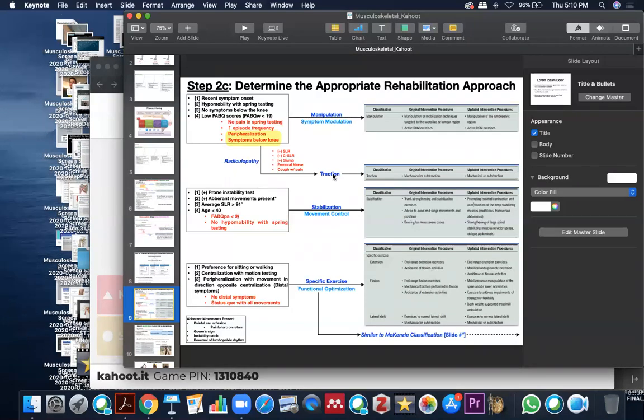This is what he said: it depends on the irritability of the patient. If their condition is highly irritable, you would use traction. If it's a low irritability type of pain, you would use maybe more slump stretching. Remember, with slump stretching, you flex your entire trunk forward, you flex your neck forward, and you can have one leg up and even dorsiflex the ankle.